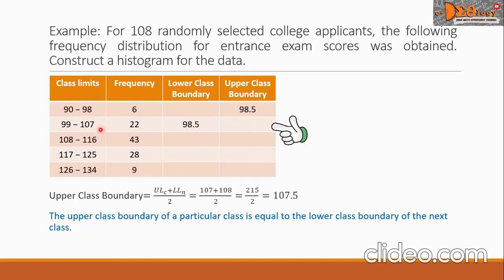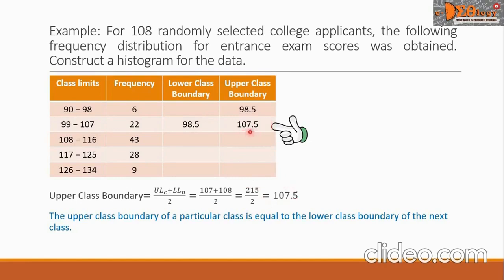So we have 107, the upper limit, plus 108, the lower limit of the next class, divided by 2. This is equal to 215 over 2 equals 107.5. And this value we will write here.